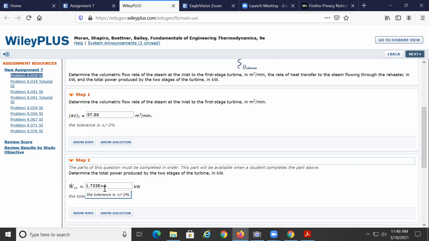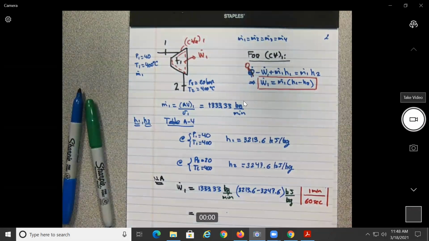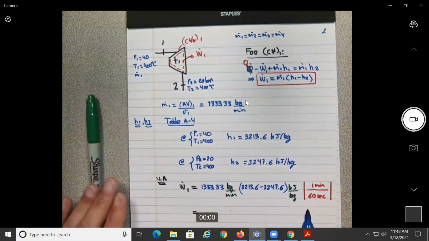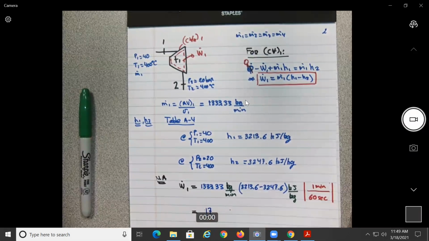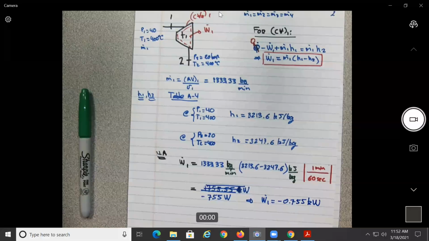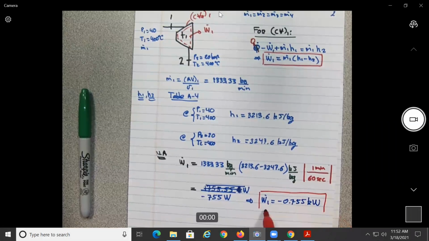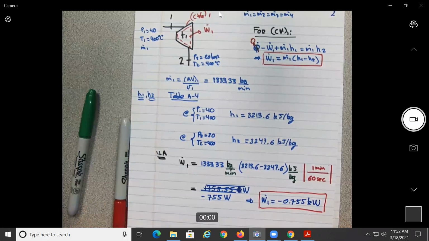No, we should get about 1.733, not even close. Oh, because this is just work one. Oh, this is just work one, you're correct. So yeah, correct. So give me decimals, okay? Don't round off because otherwise we're going to end up. I got negative 755.55. What about somebody else? Negative 2,000. Okay, so can somebody redo this, okay? Let me pause. All right, so let's do the same thing now for the other turbine.